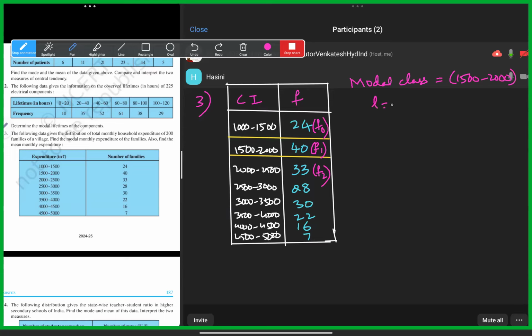So the L value is 1500, Hasmi, the lower limit of the modal class. F1 is 40, F0 is 24, F2 is 33. And the H value is how much, Hasmi? Upper limit minus lower limit of any class interval.